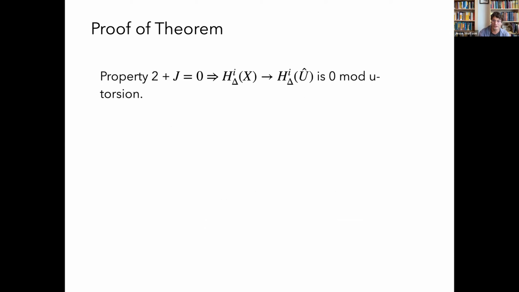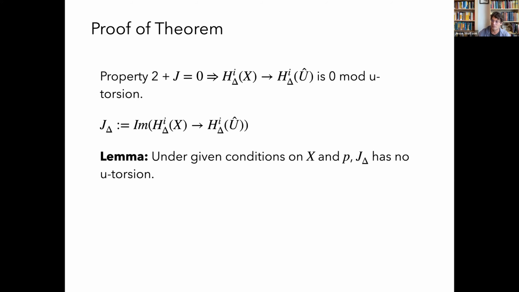Great. Okay, so now we're going to move to studying this analogous image in prismatic cohomology. I'll call that J sub prism. And the lemma is that under the given conditions on X and p, where p is at least the degree of cohomology plus 2, this image has no u-torsion.